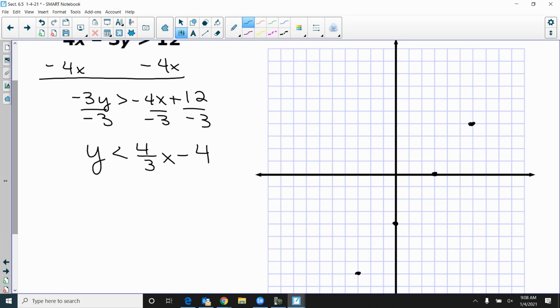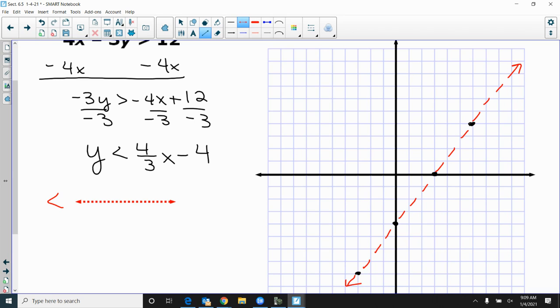A dashed line through those. Okay, so since it's less than, we use a dashed line.